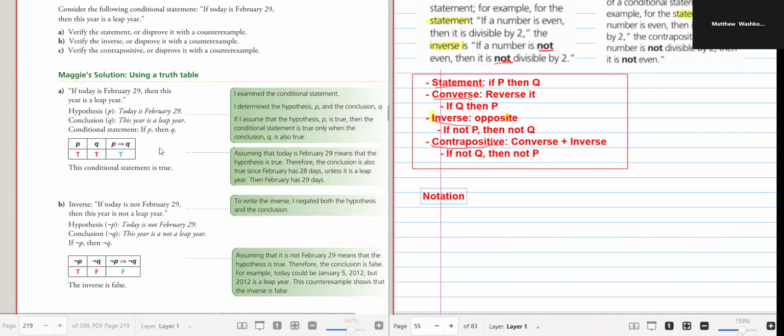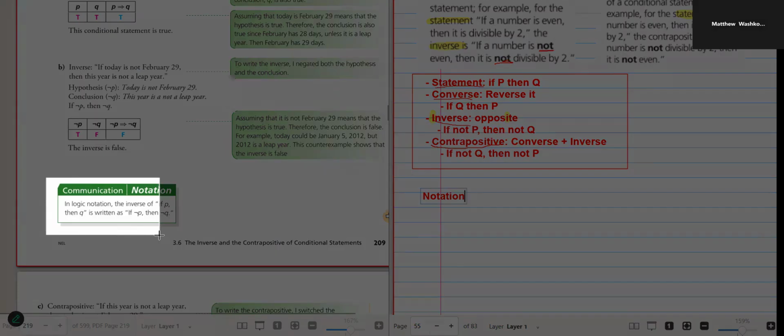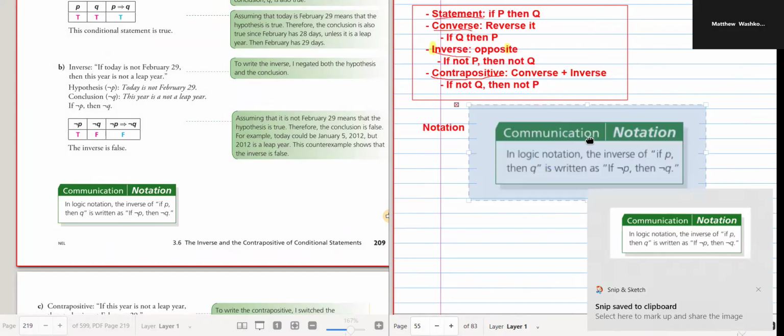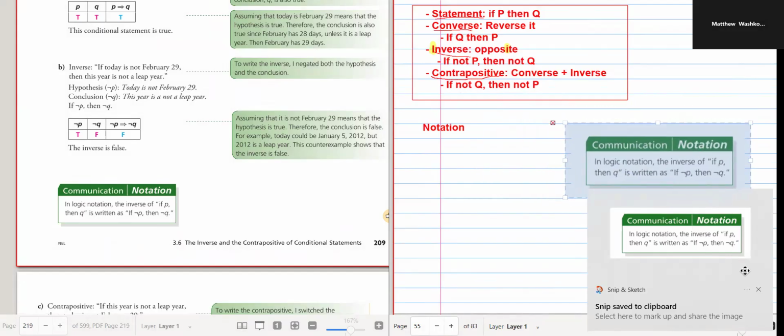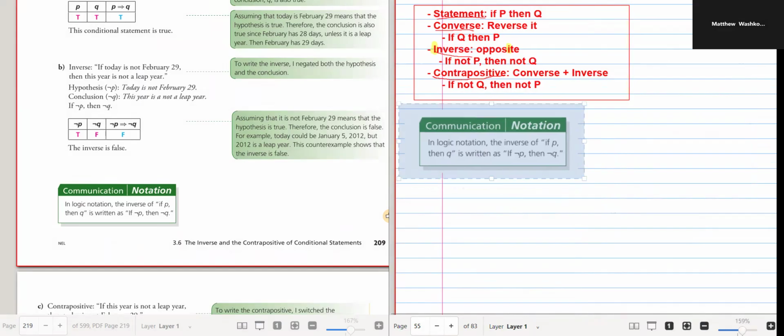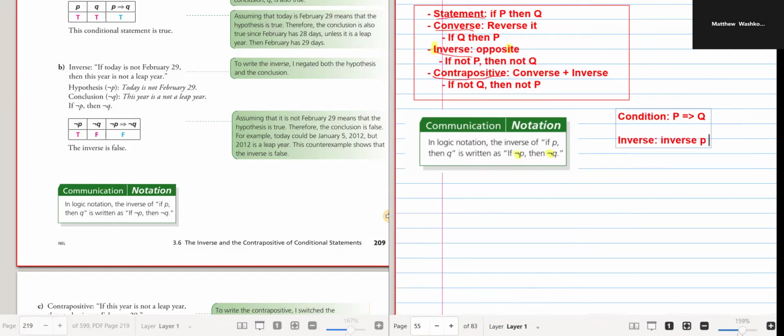notation for you, which is this bad boy here. I really want to draw your attention to this. So normally in a conditional statement, you have P arrow Q. For an inverse statement, instead of having to write inverse P, inverse Q, that will get annoying.